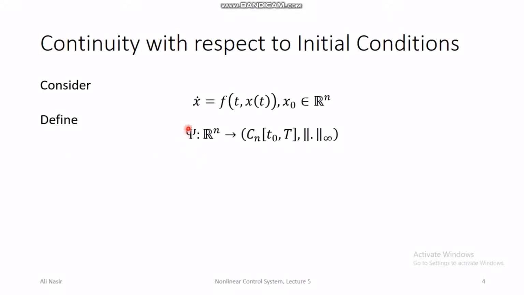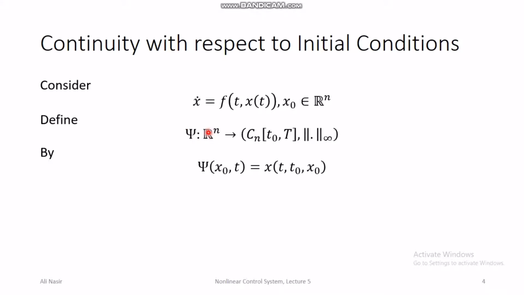So we define a function psi, which is a function from the n-dimensional space onto the continuous functions with infinity norm defined on those continuous functions. At this point we already know that this is a complete space. A complete space is a space where every Cauchy sequence is converging.